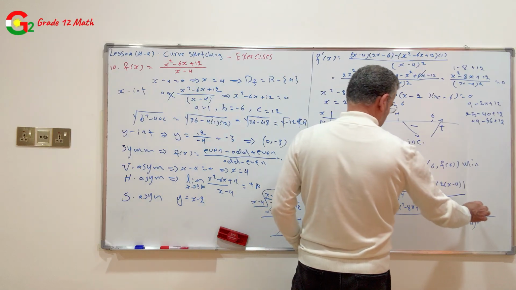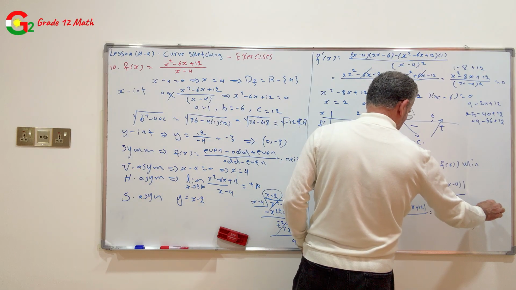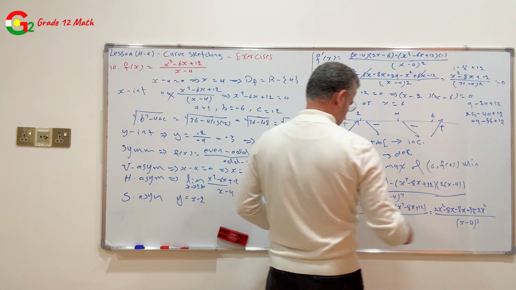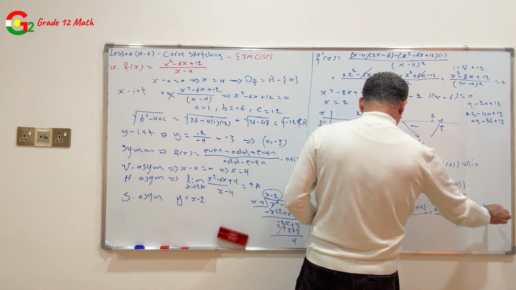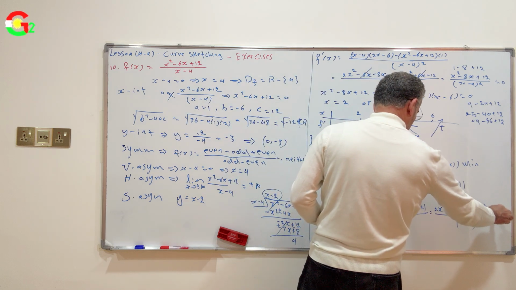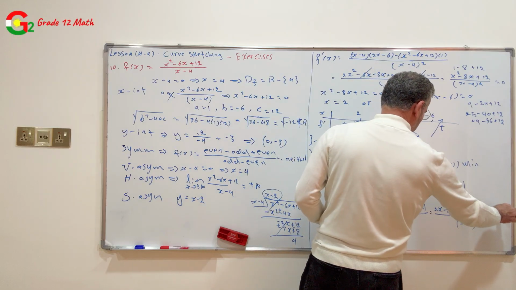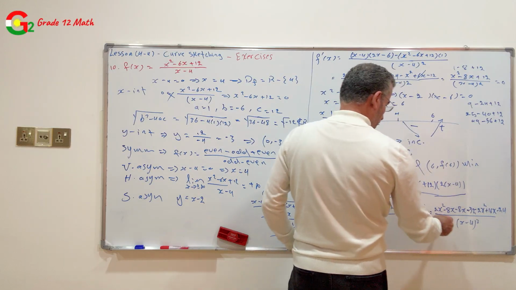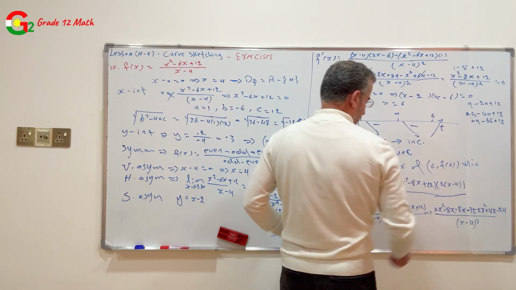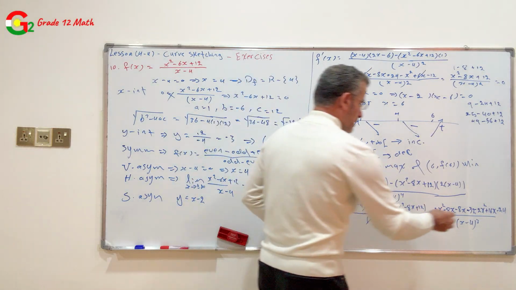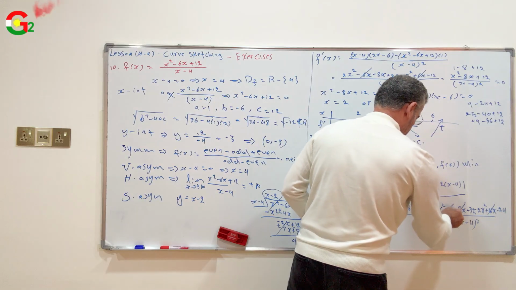Negative 2 times x power 2, negative 2x power 2, negative 2 times negative 8x, positive 16x, and negative 2 times 12, negative 24. Negative 8x minus 8x, negative 16x plus 16x, 0.